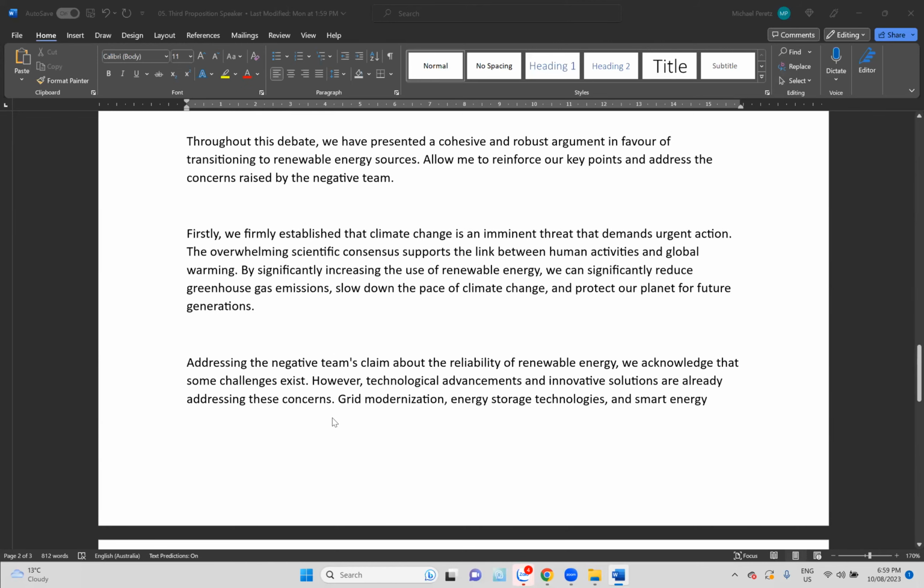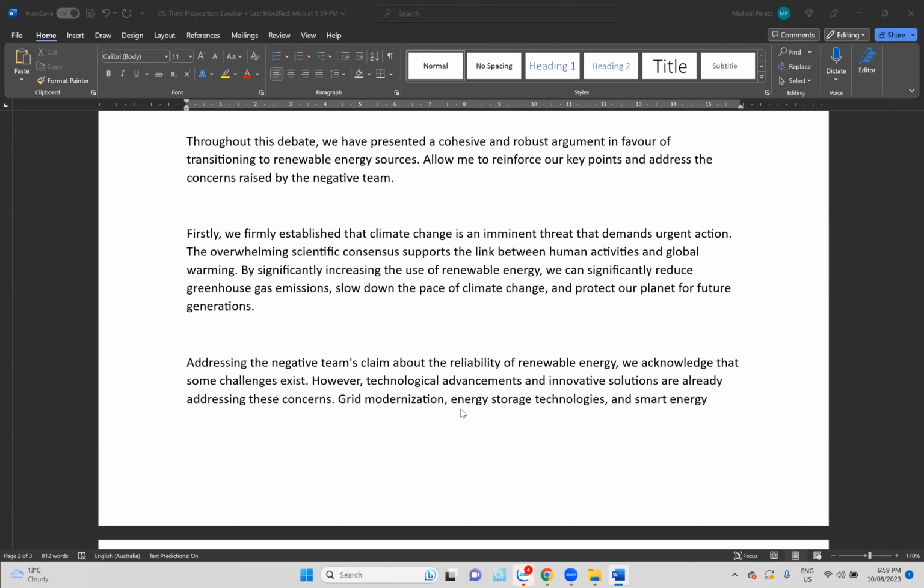Addressing the negative team's claim about the reliability of renewable energy, we acknowledge that some challenges exist. So again, we don't have the perfect point of view, but here's our solutions for it. However, technological advancements and innovative solutions are already addressing these concerns. So they're saying these aren't even really problems anymore.